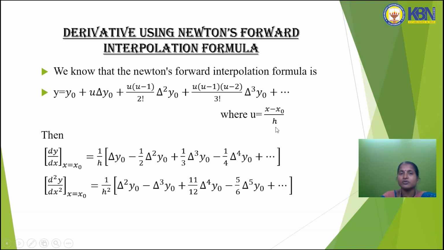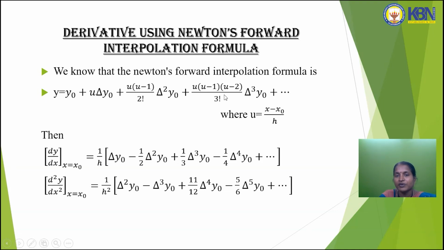Once more I repeat the formula: y is equal to y naught plus u into delta y naught plus u into u minus 1 by 2 factorial delta square y naught plus u into u minus 1 into u minus 2 by 3 factorial delta cube y naught and so on, where u is equal to x minus x naught by h.